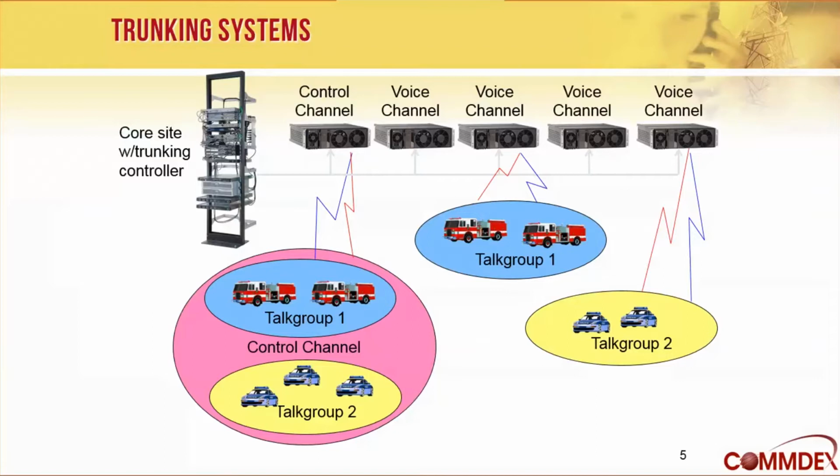So if the animation works properly, the first thing that happens is somebody from talk group 1 wants to make a talk group call, meaning this fire truck wants to talk to another fire truck. So when he first pushes the push-to-talk button on his microphone, before he even says a word, a digital signal goes up on the control channel and says, I'm fire talk group 1 and I want to make a talk group call.